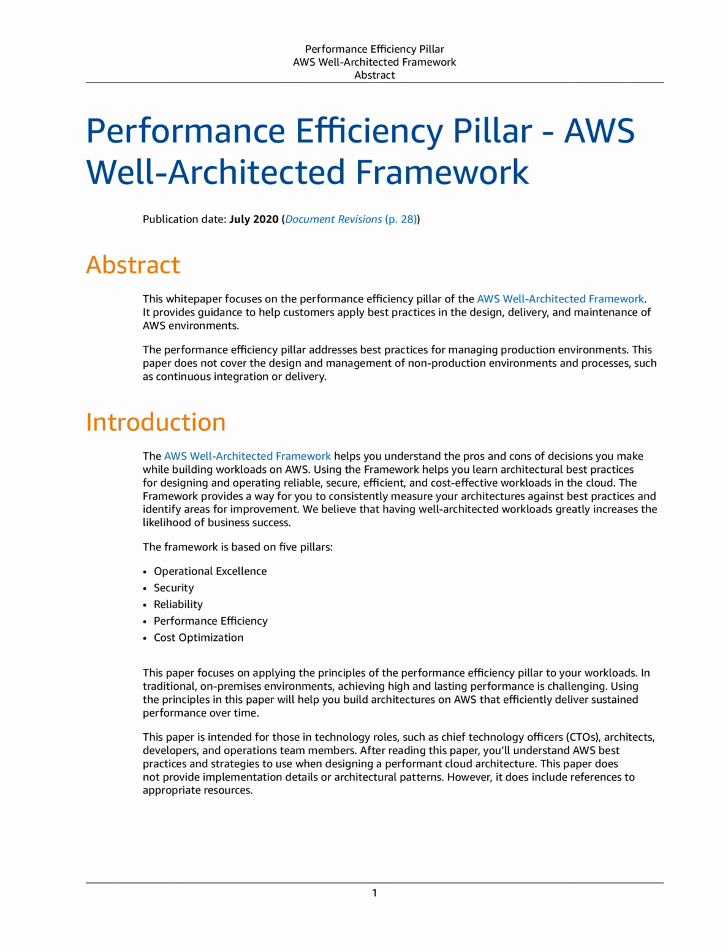This paper is intended for those in technology roles, such as Chief Technology Officers (CTOs), architects, developers, and operations team members. After reading this paper, you'll understand AWS best practices and strategies to use when designing a performant cloud architecture. This paper does not provide implementation details or architectural patterns. However, it does include references to appropriate resources.